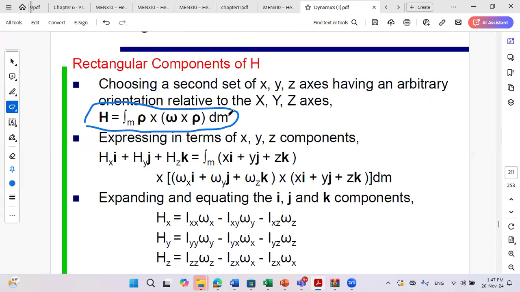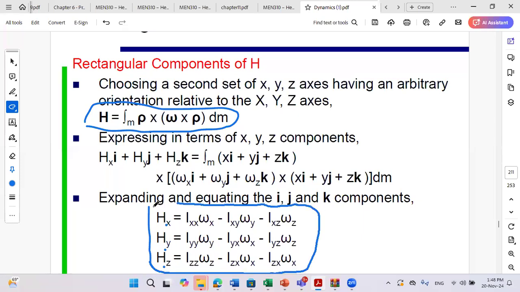So this is the general form about any axis, x, y, and z, having arbitrary orientation. All you have to do then is to perform the integral. If you develop your integral, you will find a final expression for angular momentum about x, about y, and about z. So you can evaluate these angular momentums according to these relations.